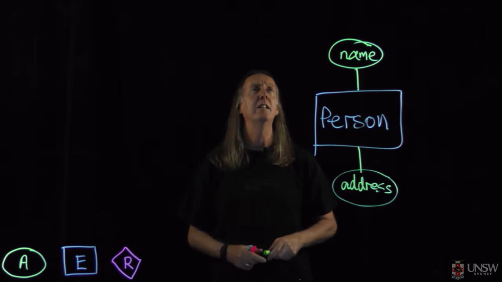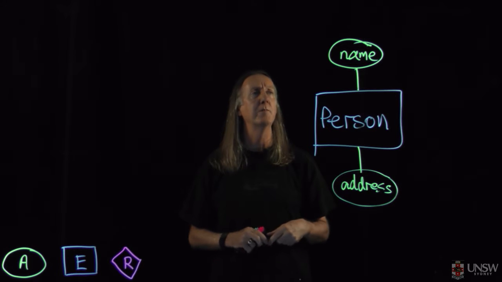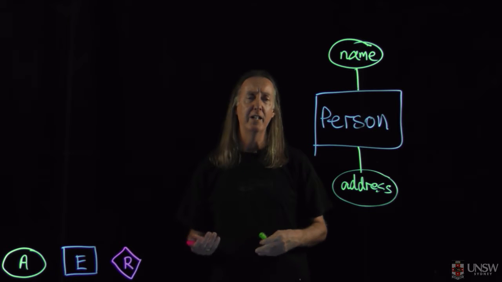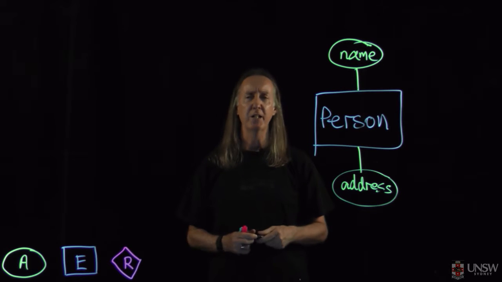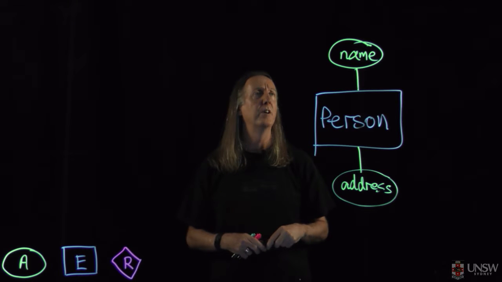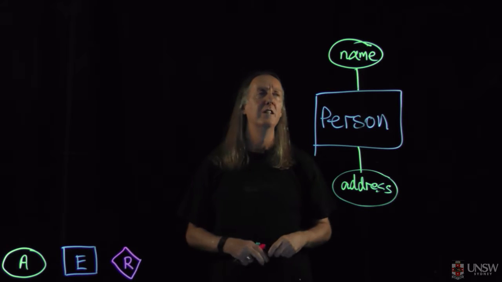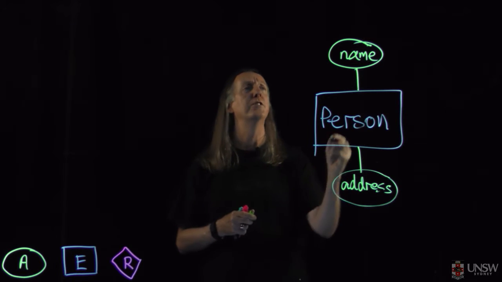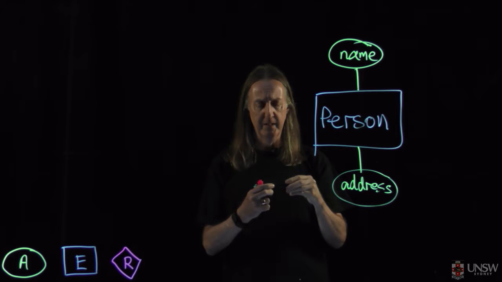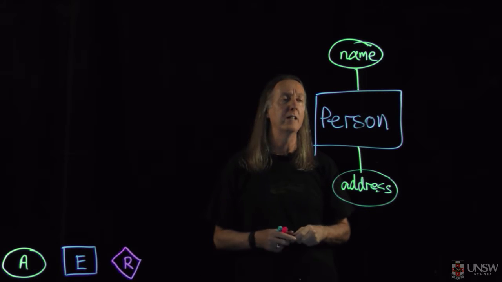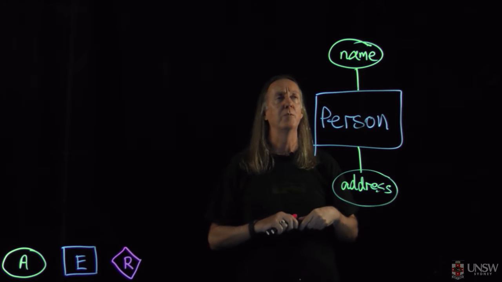But in the requirements it said we might be interested in separating out the given name and the family name. That's quite a common thing to do because you might want to get a list of people sorted by their family name, and of course if you simply do their name as a string, it's going to sort by their first name. So in ER modelling notation, that would be a composite attribute.